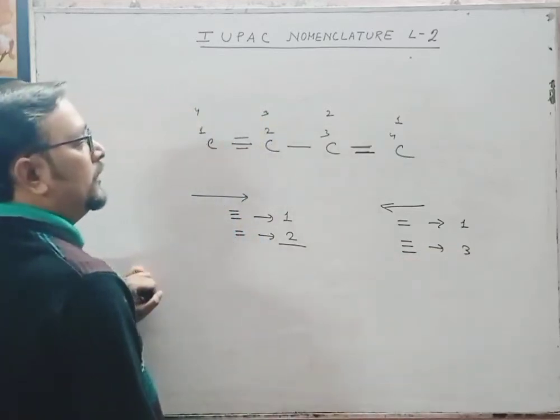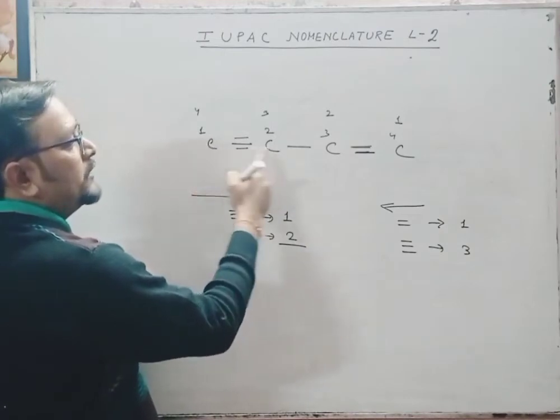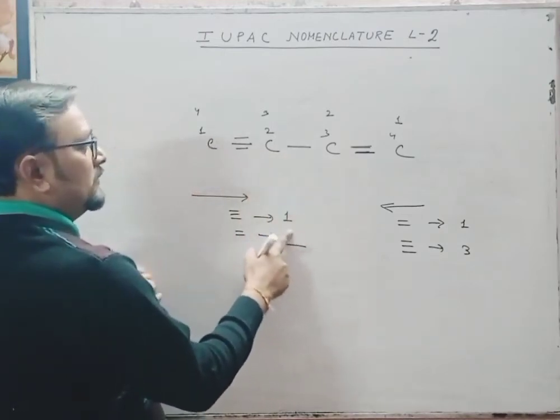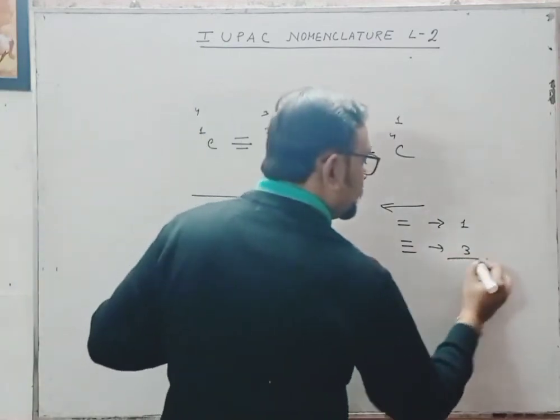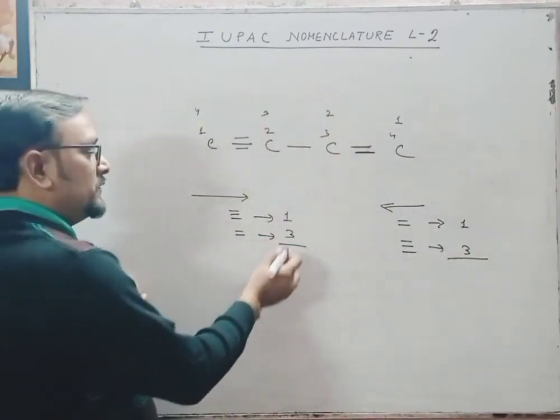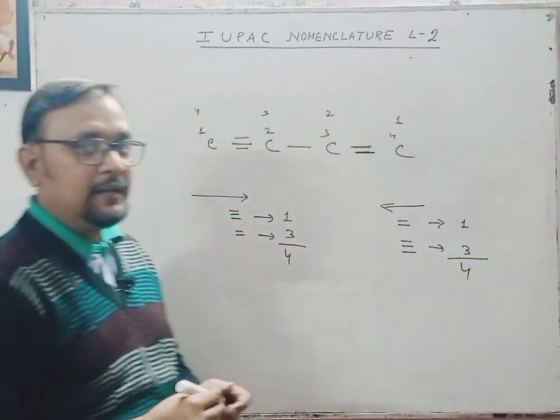So the summation: 4 and 4. So both sides it is coming 4, right?